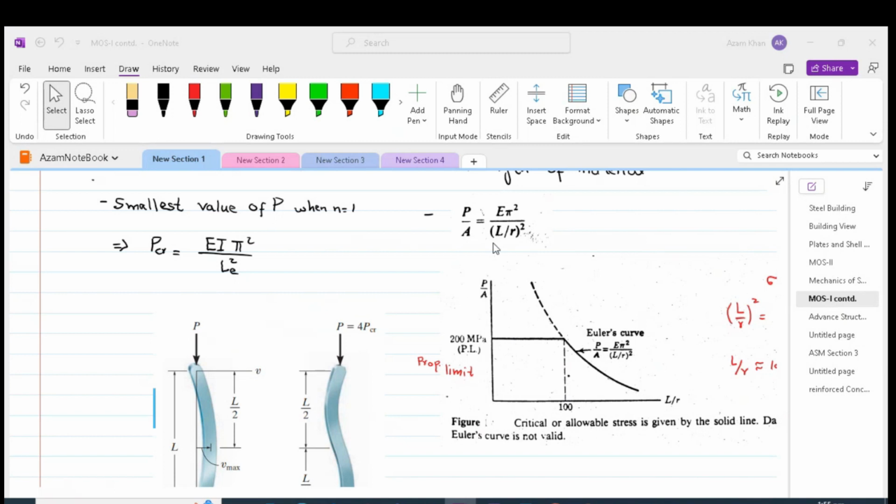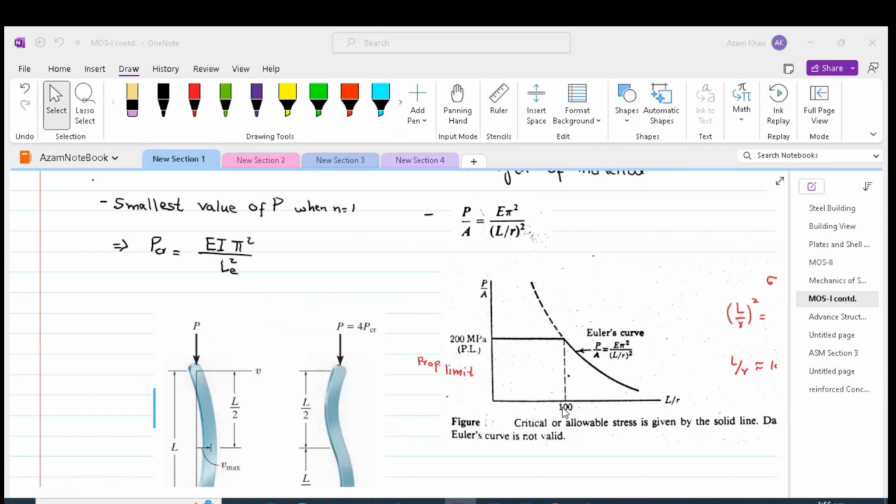It is important to note that the Euler formula is applicable when the slenderness ratio is larger than the value at which the average stress reaches the proportional limit. So as we can see over here, when the average stress reaches the proportional limit, then the Euler formula can be applied. Before that, the Euler formula cannot be applied.